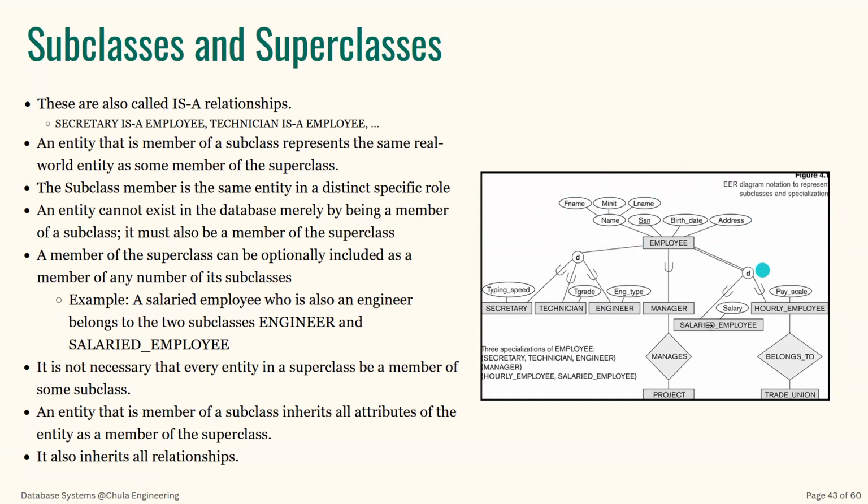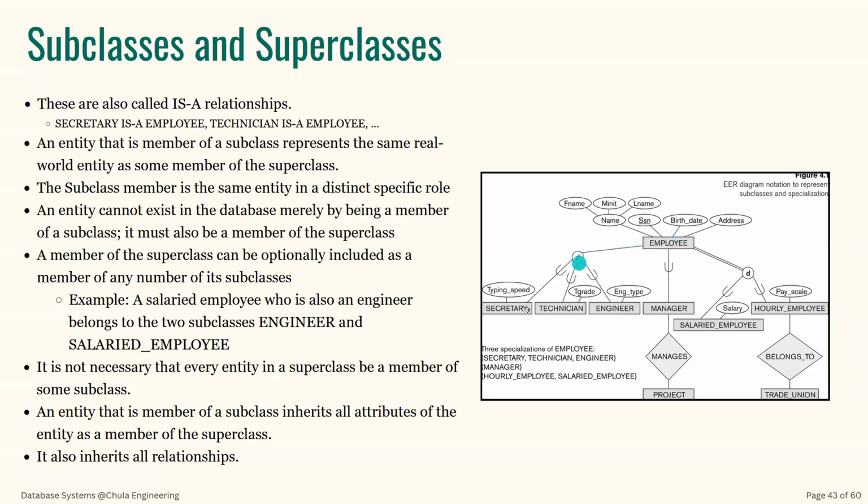All right. But a member of the superclass can be included as a member of any of its subclasses as well. For example, here a salaried employee could be a manager, or it could be an engineer and a salaried employee. You know what I mean? So there are two branches here that you see from employee.